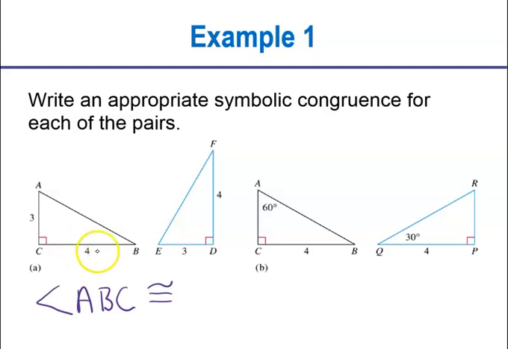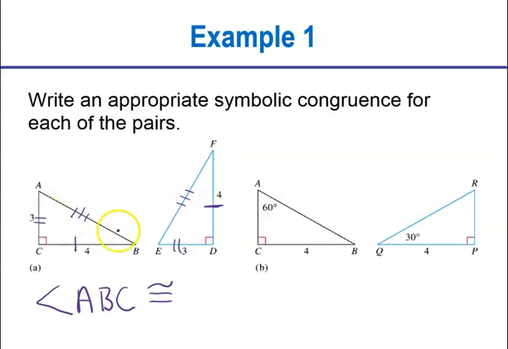This is length 4, so I'm going to put the one little mark here, matches that side. The 3 length side corresponds with this side right here, and assuming these are congruent, we're not even sure about that now. I'm assuming that from the given problem, that this side across here, and we call that a hypotenuse, the side across from a 90-degree angle, that side is going to correspond to this side.